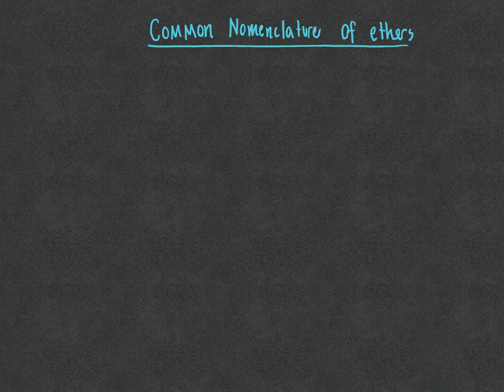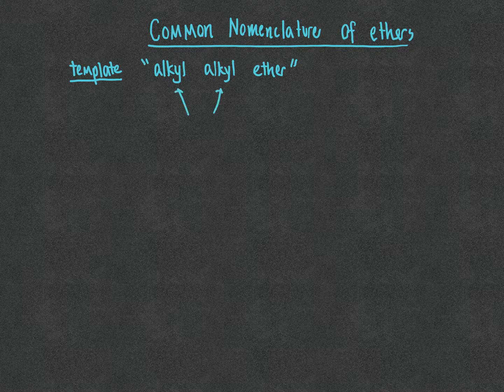The template that we will use for determining the common name of ethers is we refer to them as alkyl alkyl ether. That is the template, where the two names of the alkyl groups refer to the alkyl groups that are directly bonded to the oxygen on each side of the ether group. And we list those in alphabetical order in the name.